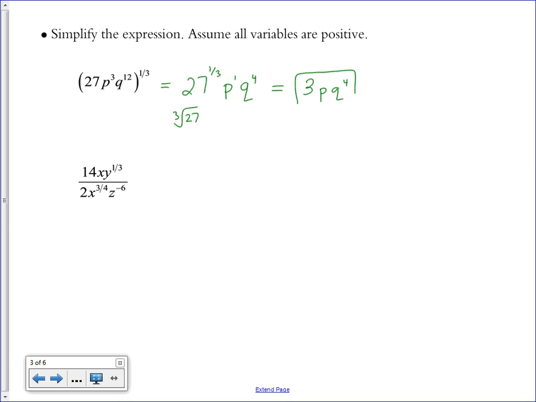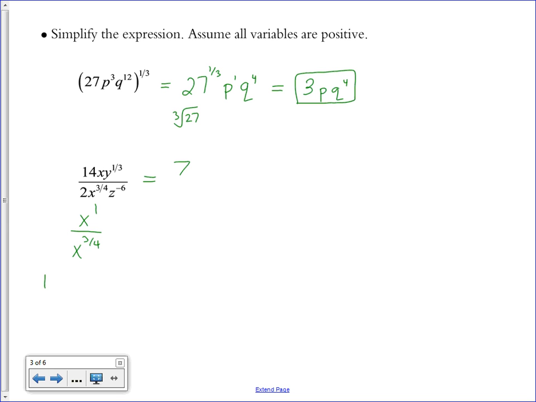In this next example, the 14 and the 2 are just coefficients. We treat them like regular numbers, and we're going to simplify that. So that's going to become a 7 on top. The exponents here, we've got x on the top, and we've got x to the 3/4 on the bottom. The rule with exponents is that you're going to subtract the top exponent minus the bottom exponent when you have it in a fraction like this.